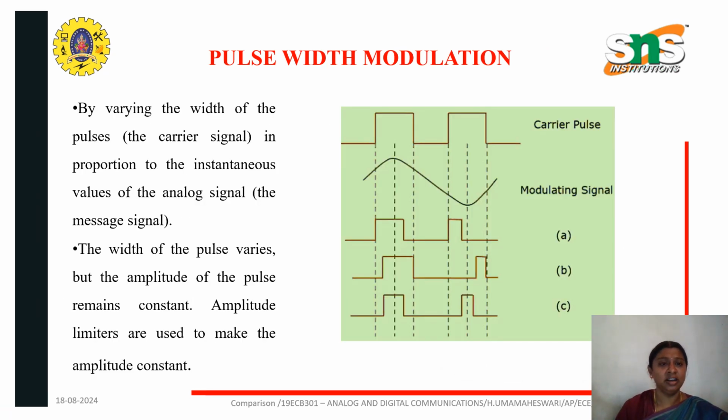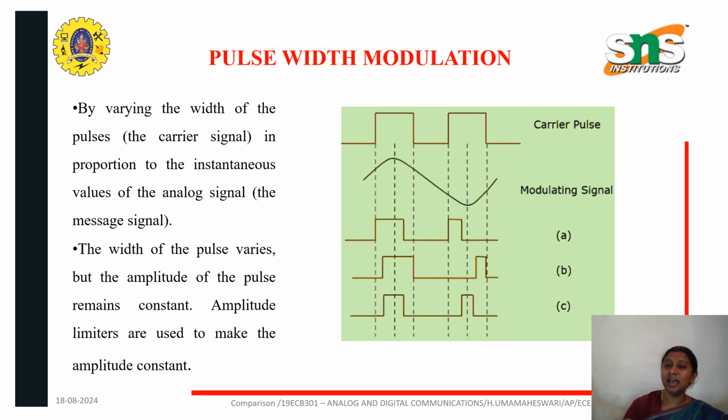Pulse width modulation varies the width of the pulses in proportion to the instantaneous value of the message signal. That is, the width of the pulses varies but the amplitude of the pulse remains constant. Amplitude limiters are used to make the amplitude constant. Here, this is the carrier pulse.